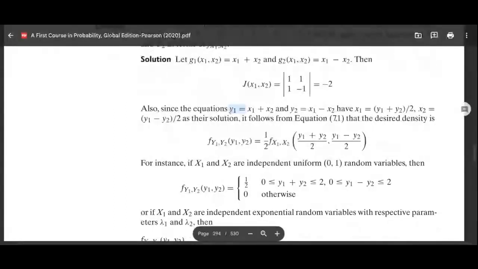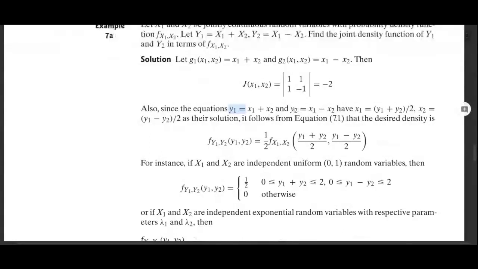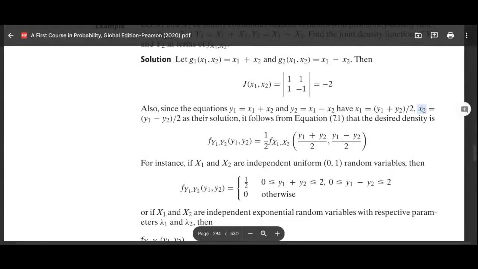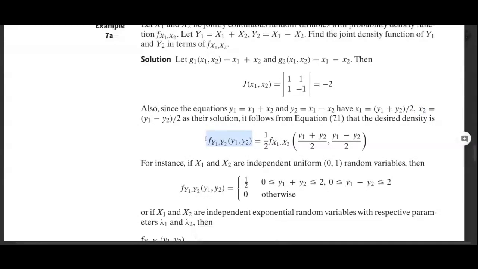Now, since y1 is the sum of those two and y2 is the difference of those two, we have a system of two equations. So we can solve for x1 in terms of y1, y2, and x2 in terms of y1, y2. Especially with linear relations, it is easy to do this. Then we use the formula of 7.1.